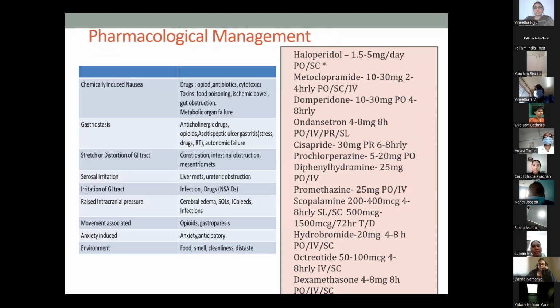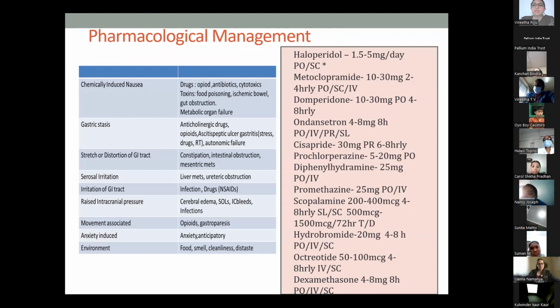So these are some of the drugs. If your patient is having opioid-induced nausea and vomiting, the ideal drug would be haloperidol. You can start off at 1.5 milligram to 5 milligram per day, given orally, subcutaneously or IV.